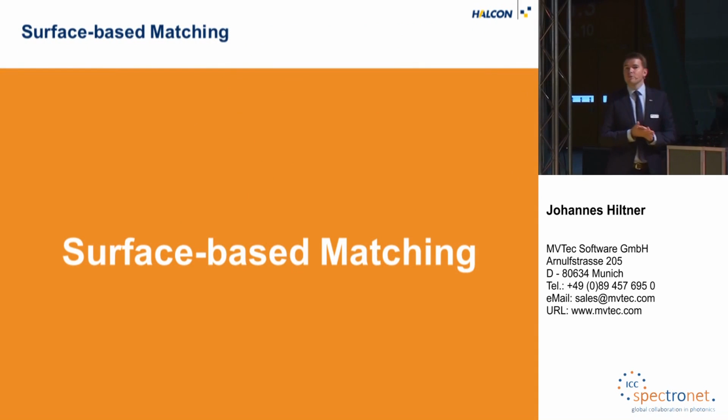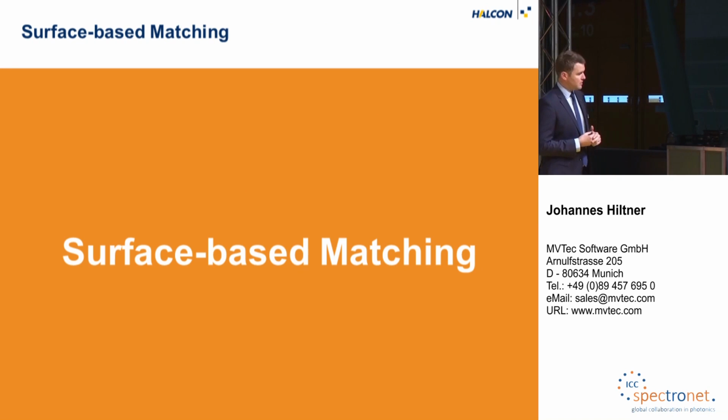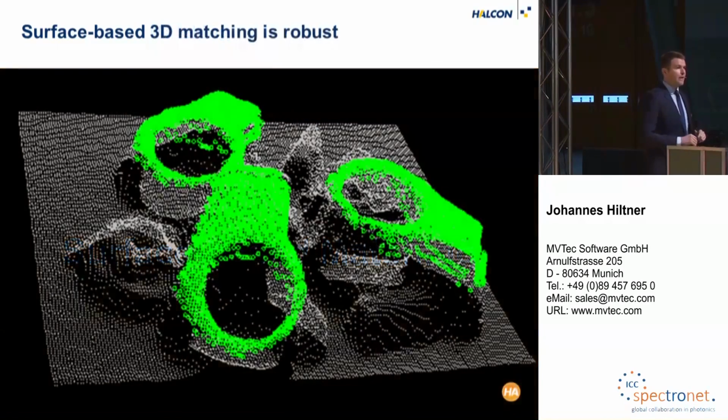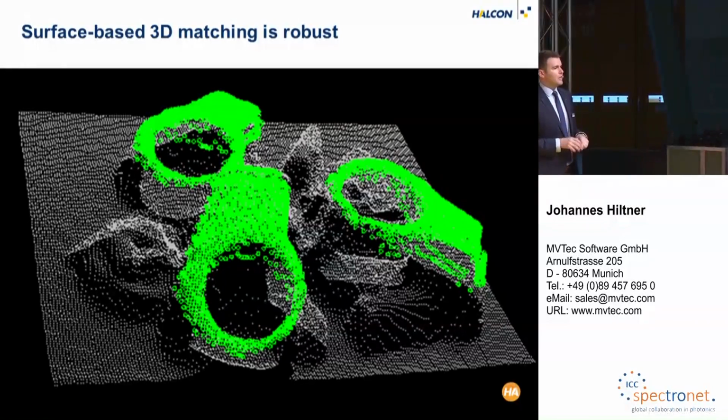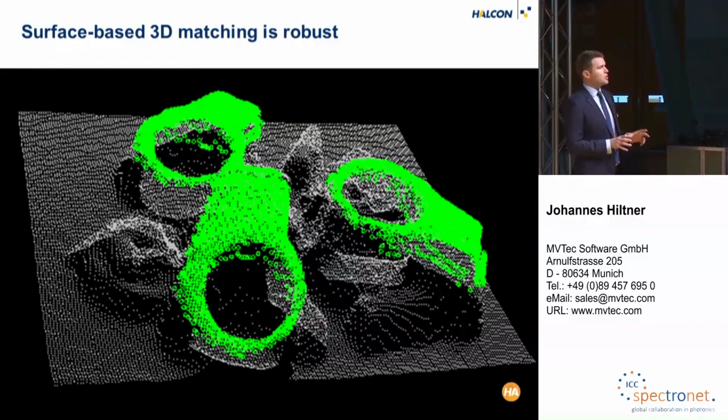Those of you who know HALCON also know surface-based 3D matching. Surface-based 3D matching has also been introduced with HALCON 10, and this is a very powerful position recognition technology which allows us to determine the exact 3D position of objects within 3D point clouds. The benefit is that it's quite a robust technology.